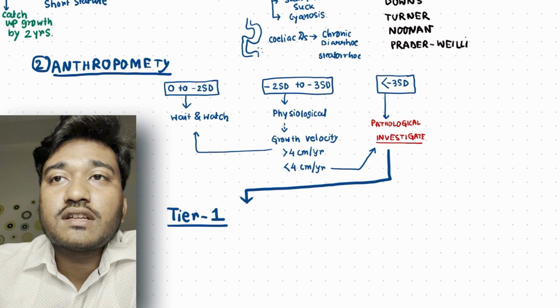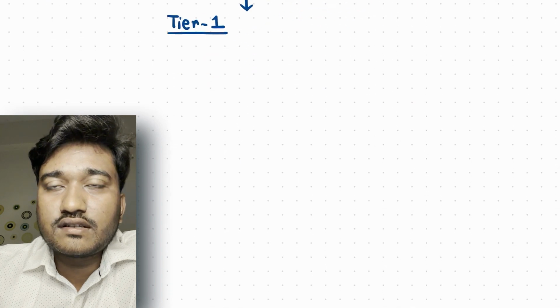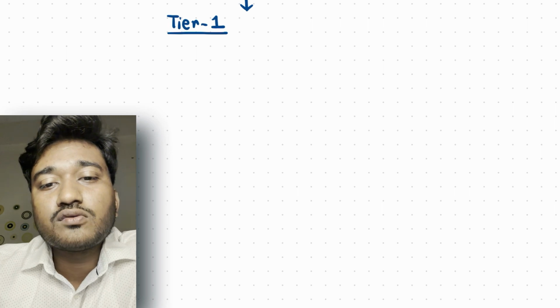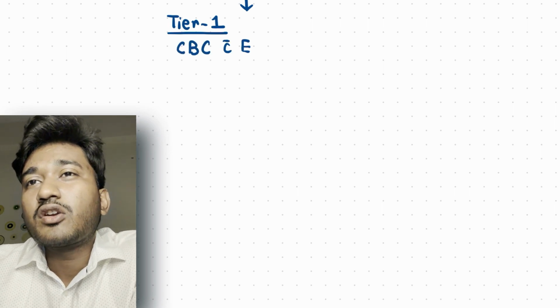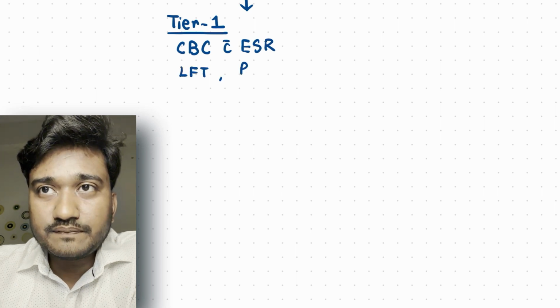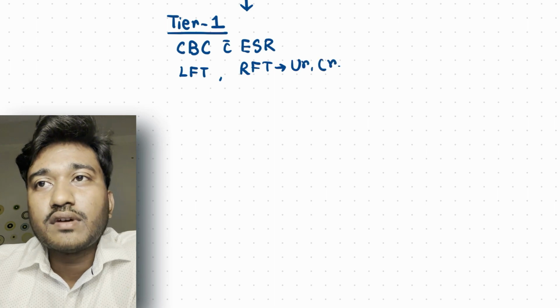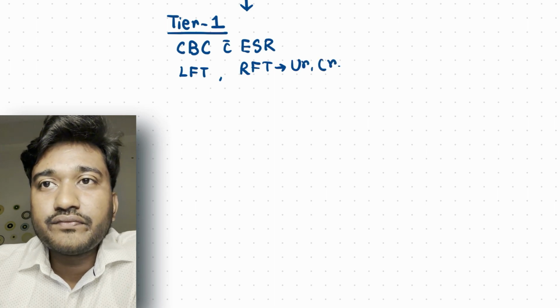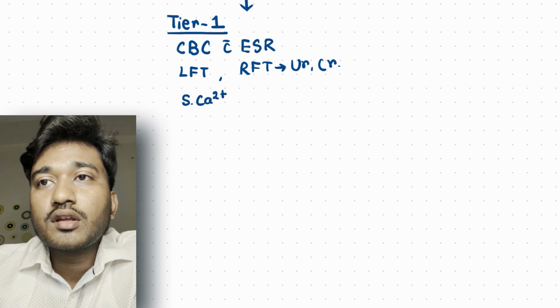In case of investigation, we have 3 tiers of investigation: tier 1, tier 2 and tier 3. In tier 1 investigations, we must try to rule out or rule in a few important common causes. To do this, we need a CBC with ESR, LFT, and RFT. In RFT, you have serum urea and serum creatinine, and you have to go for a bone profile.